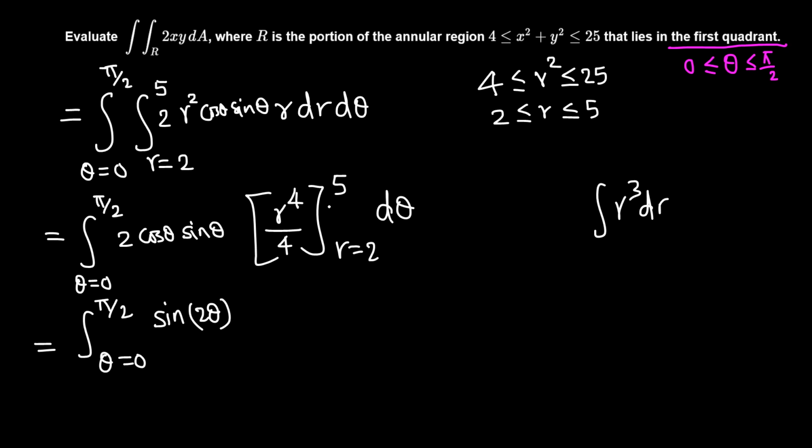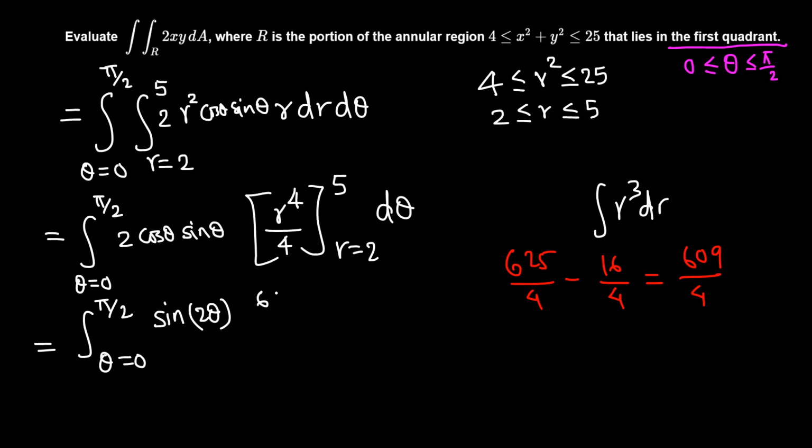Now upper limit minus lower limit, let's do that on the side. So 5 raised to 4, 5 squared is 25, 625 over 4 minus lower limit 2 to the 4th, 16 fourths. If we subtract, how many fourths now? 609 fourths.